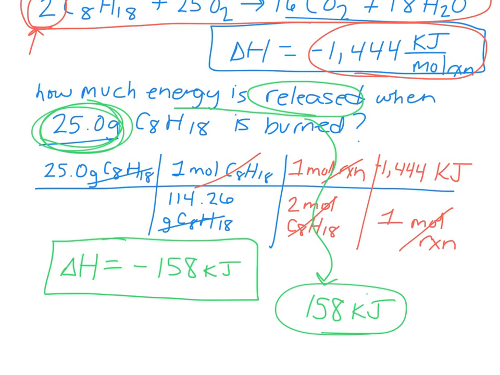So if they ask you simply for delta H, make sure that you include that positive or negative value. If they ask you specifically if it's being released or absorbed, you don't have to include that sign with your answer.